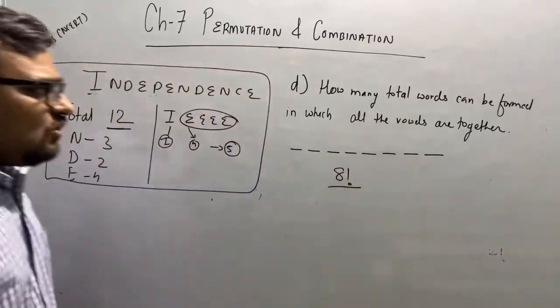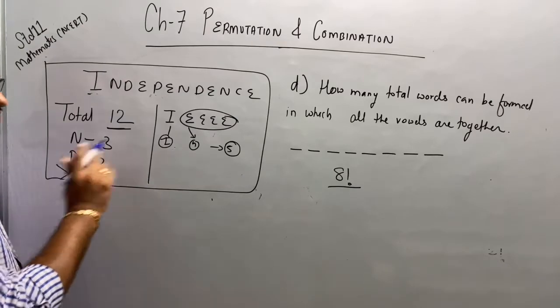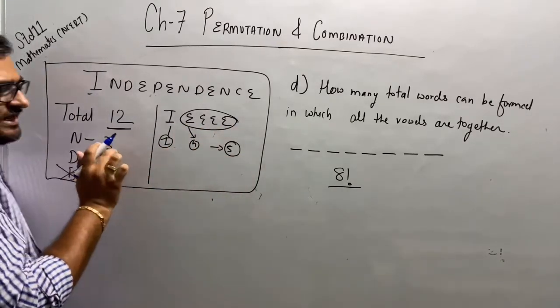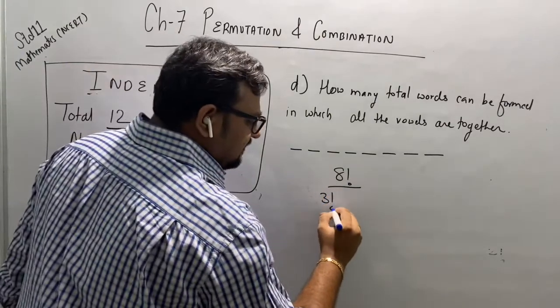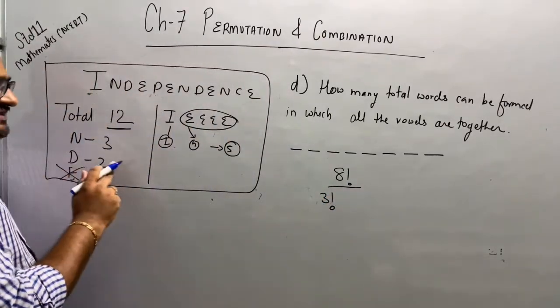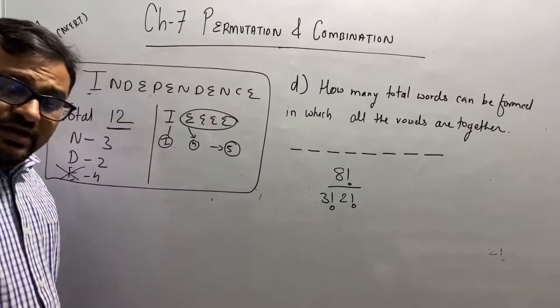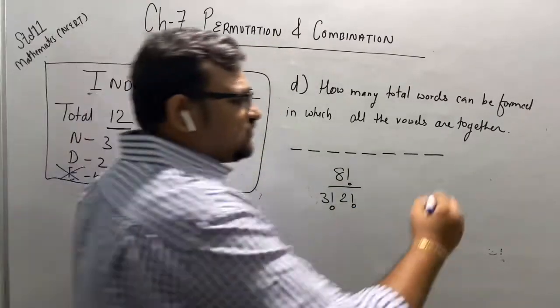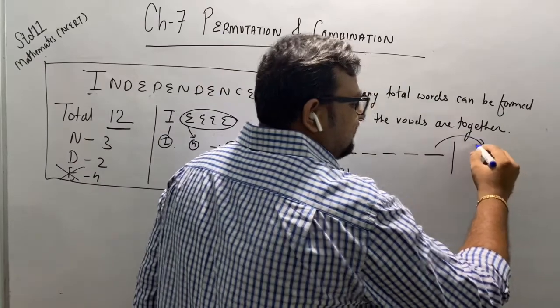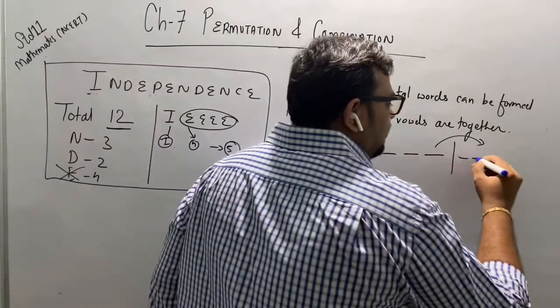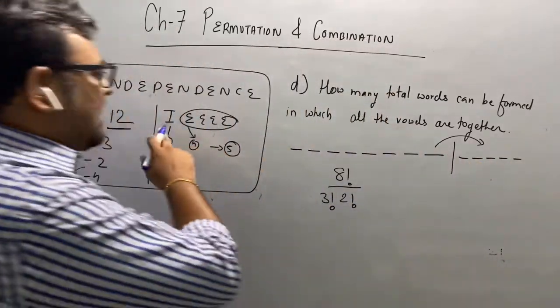Okay. Now eliminate E from here because all the E we have taken in one place. So now how many times is N repeating? 3 factorial. How many times D? 2 factorial. Clear? Now, one place which I have selected for vowels. How many vowels? 5. 1, 2, 3, 4, 5. Here there are 5 vowels.